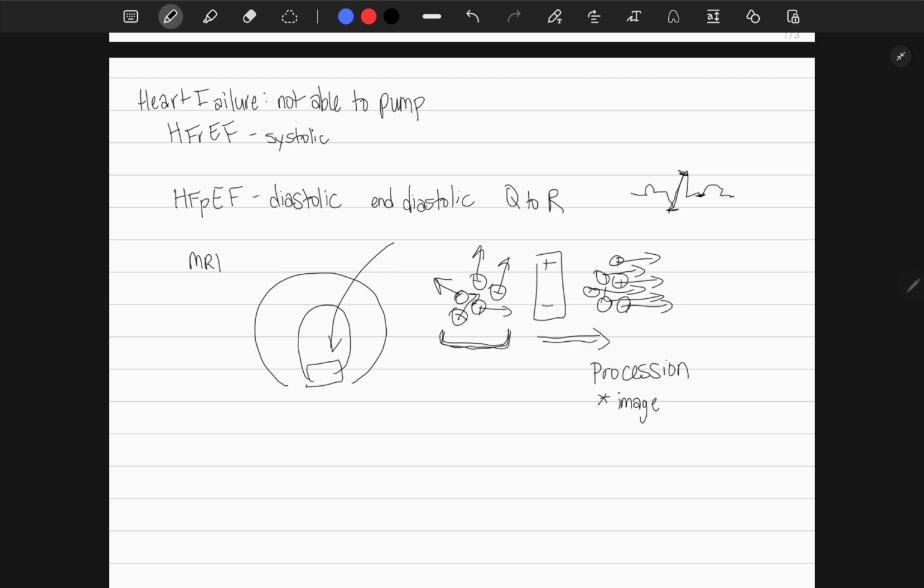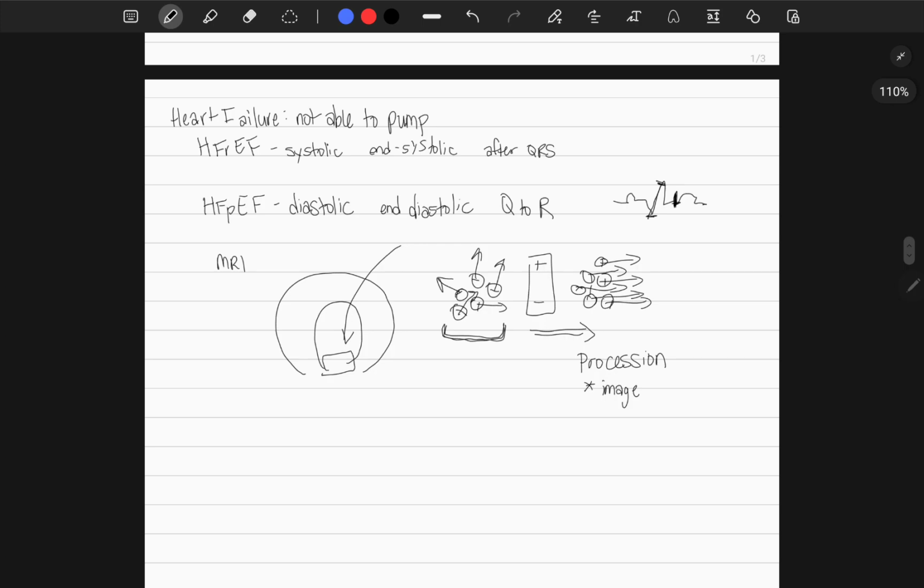And for HFrEF, you can see this at end systolic, which is right after the QRS complex is completed. So before the T wave occurs, right there. It is not possible to capture this image manually as a human while our heart is pumping.